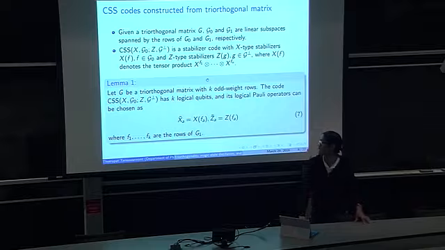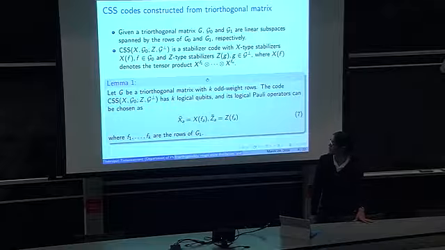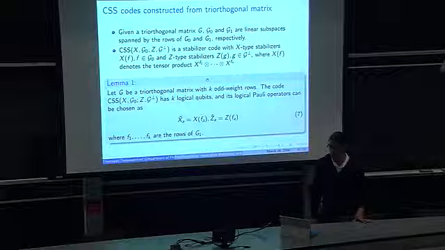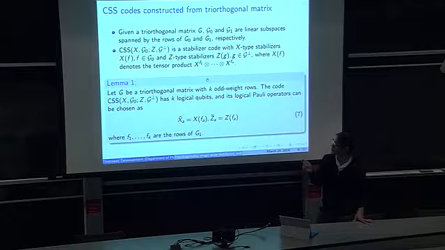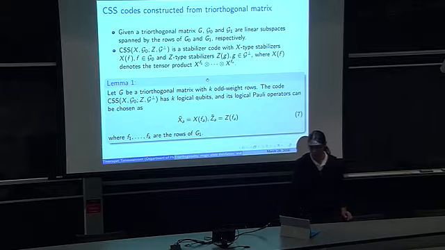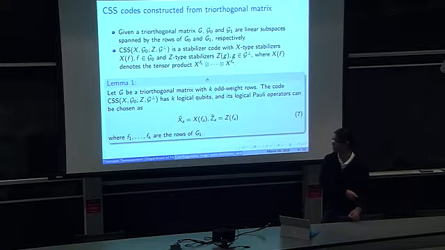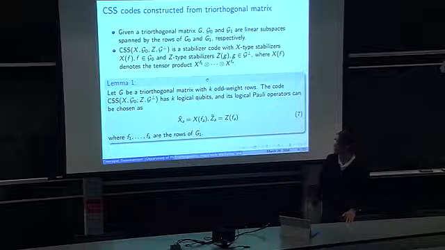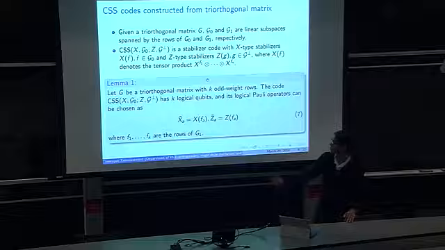There is a lemma that if a triorthogonal matrix G has k odd weight rows, then this CSS code has k logical qubits, and it is possible to choose the logical Pauli operators to be the operators from mapping the rows of G1, which are the odd weight rows, to these operators.